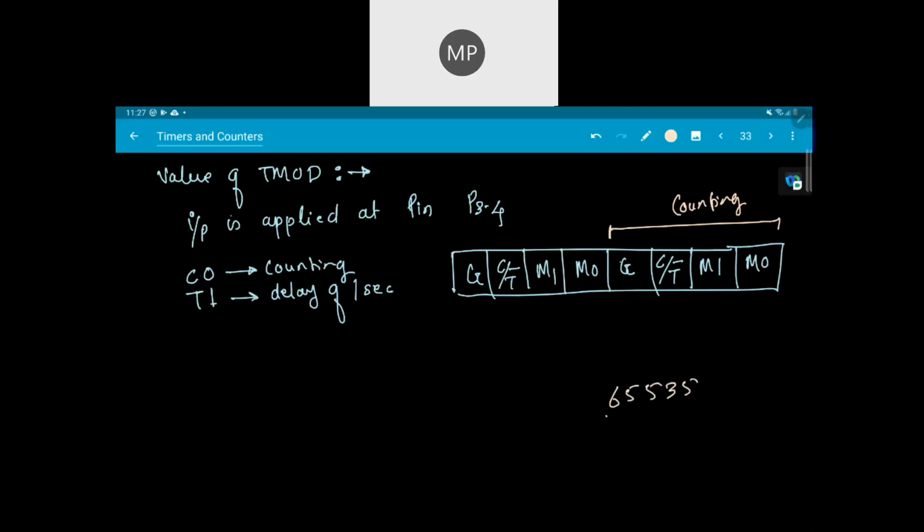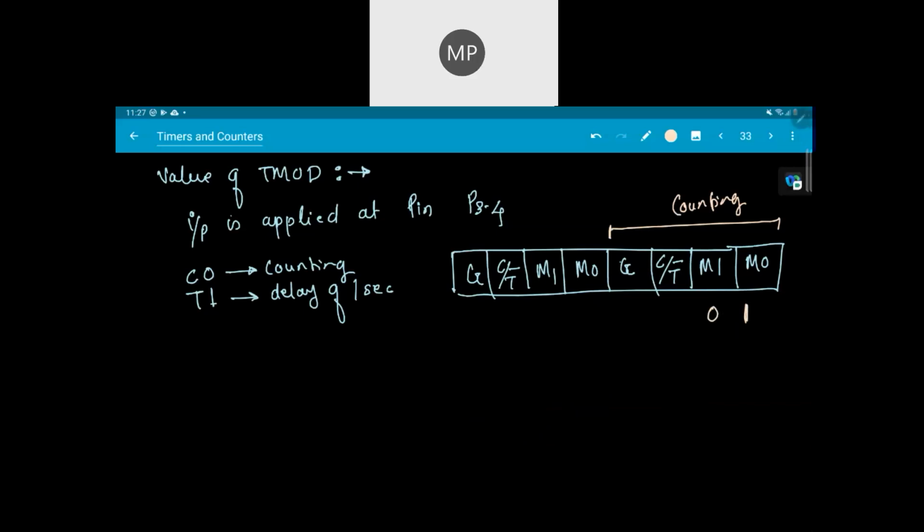That means we can measure this many pulses in 1 second. This is the maximum count possible by using mode 1, right? Mostly we will use mode 1 because we don't know what would be the frequency at the input. It could be very high or very low. So it is always better to use mode 1 here. So this becomes mode 1.